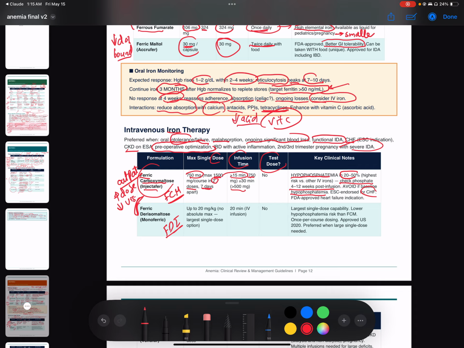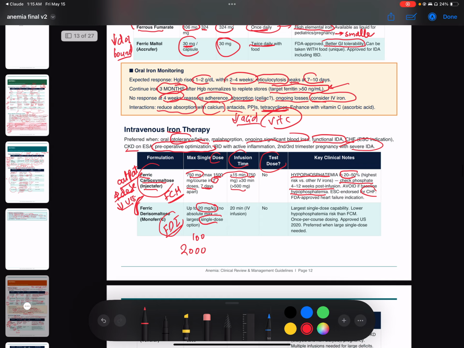The second form is FDI, and again, this is a good form to give in the outpatient setting because it's a higher dose and fewer visits. There is no absolute maximum dose, so you just dose it based on the weight. If someone is 100 kilograms, they can take up to 2000 milligrams of iron, and it can be just a single dose visit.